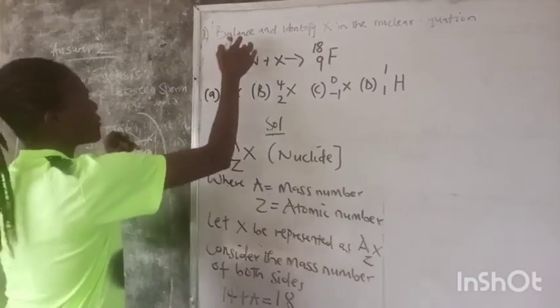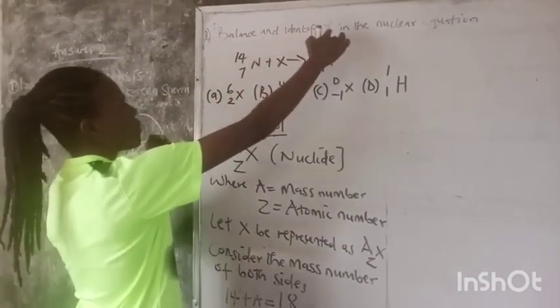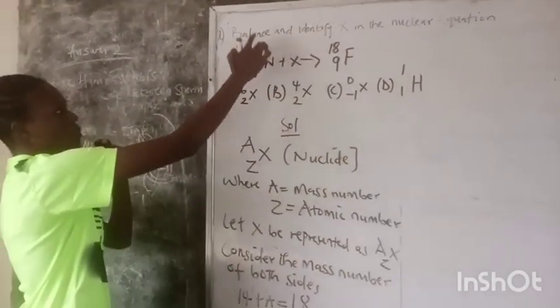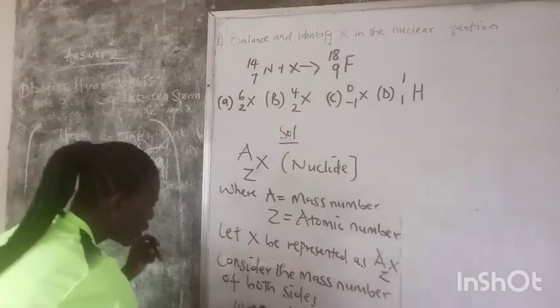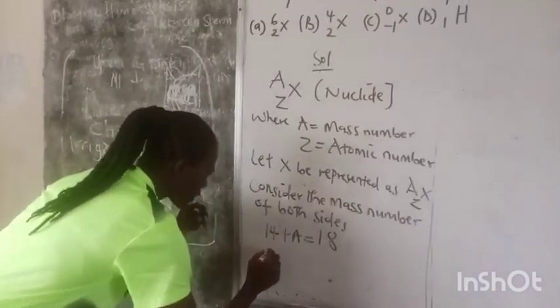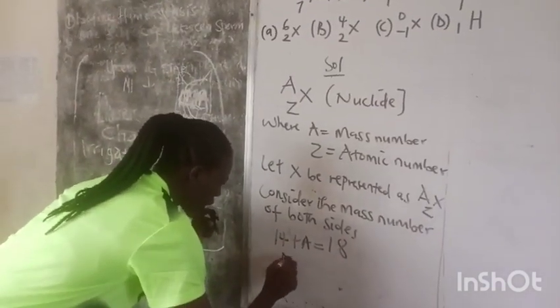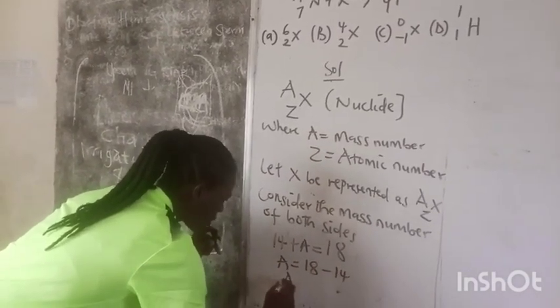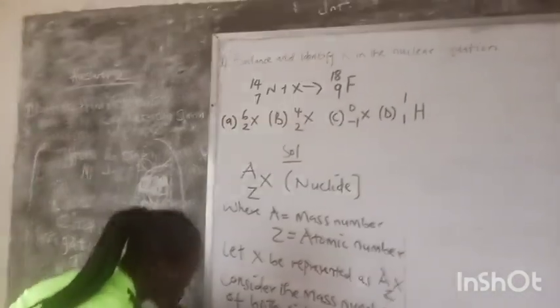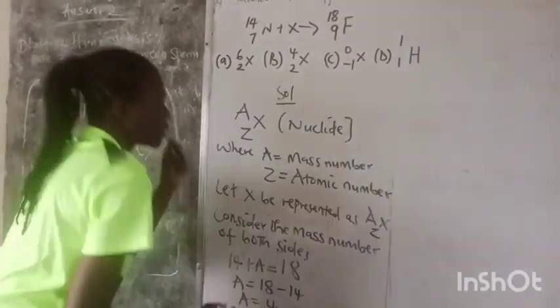That's the mass number of nitrogen and the mass number of fluorine. So A is equal to 18 minus 14. So the mass number for this is equal to 4.